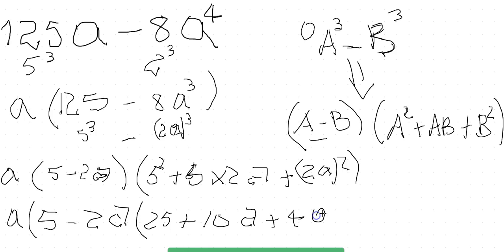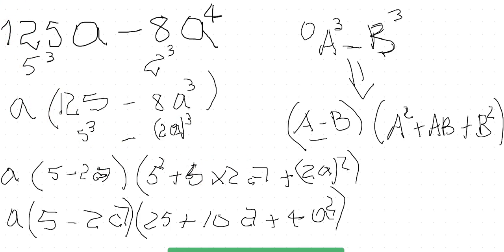There you go. So most of the time, you just use your observations and try to find what formula you can use. And I'm done, because the idea is to factor this expression. So there you go.